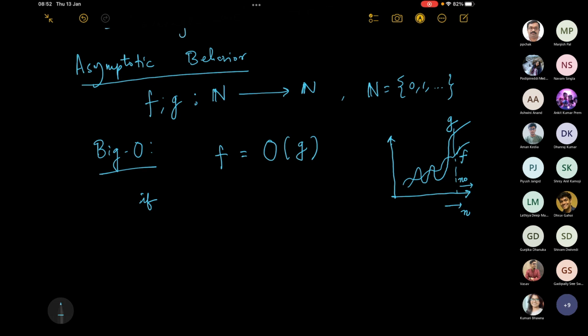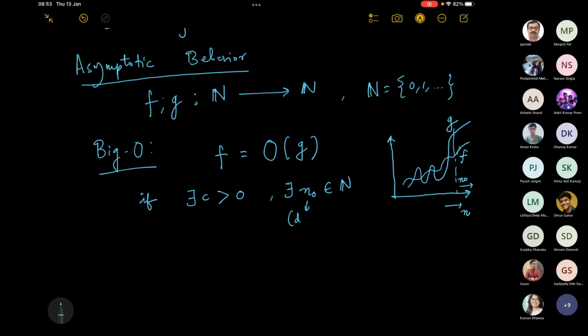We'll say f is big O of g if there exists a constant c greater than 0 and there exists a natural number n naught, where n naught depends on c.